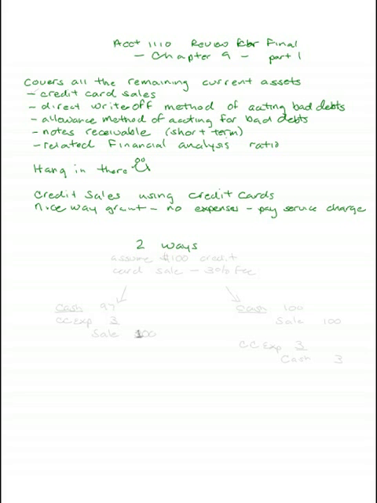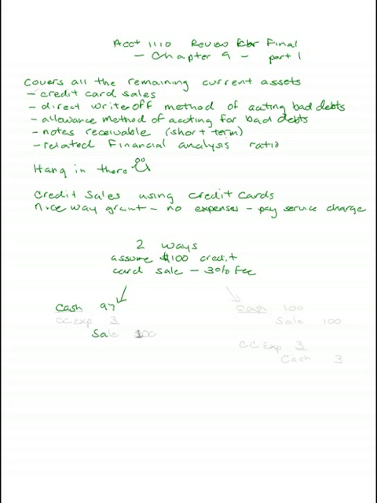Let's do an example. We'll assume that you sell $100 worth of merchandise to someone who has a credit card, and the credit card company charges you 3%. In one direction, you get immediate cash in the amount of $97.